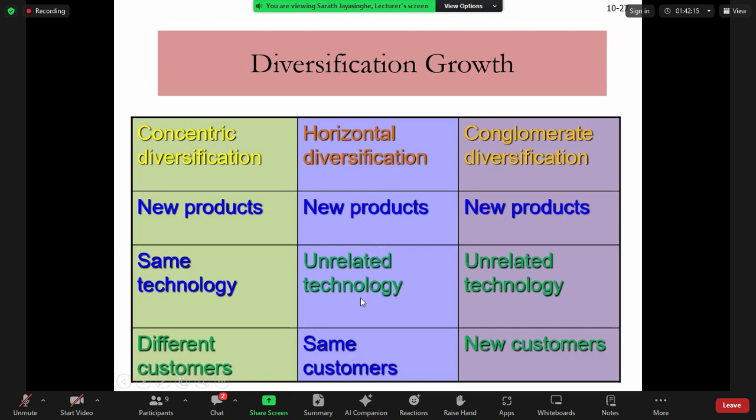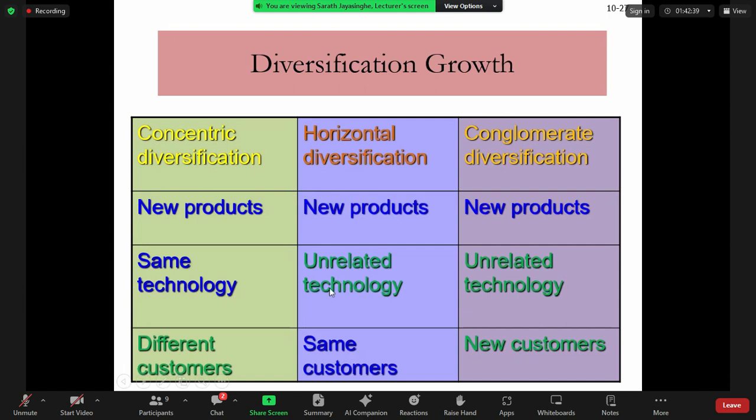Just think about LG refrigerators. Unrelated technology means you can introduce a television system. If you take that Abbas company, earlier I can remember they had LG refrigerators.